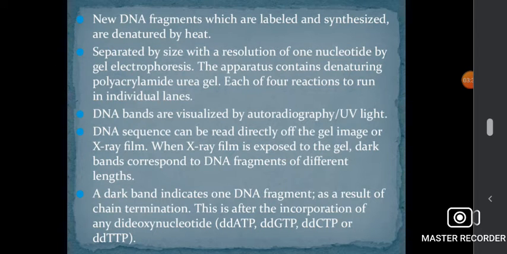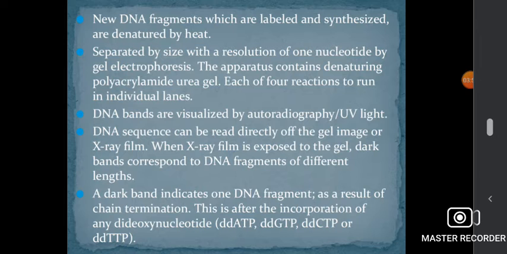The new DNA fragments, which are labeled and synthesized, are then denatured by heating. They are separated by size, with a resolution of one nucleotide, by gel electrophoresis. The apparatus contains a denaturing polyacrylamide urea gel. Each of the four reactions is run in an individual lane. The DNA bands are then visualized by autoradiography or UV light.